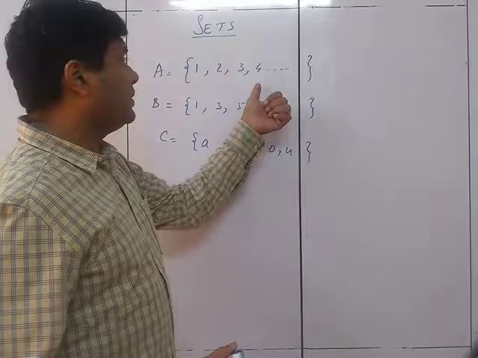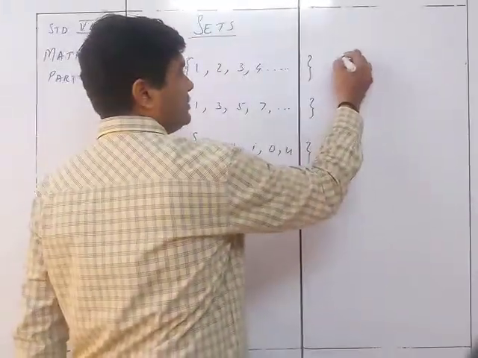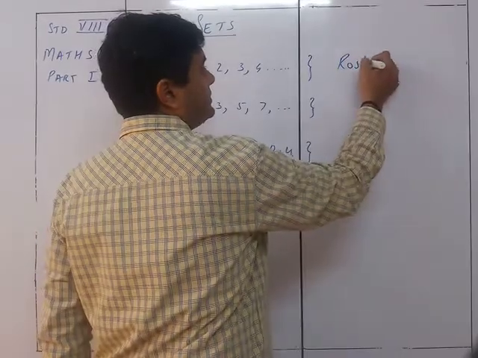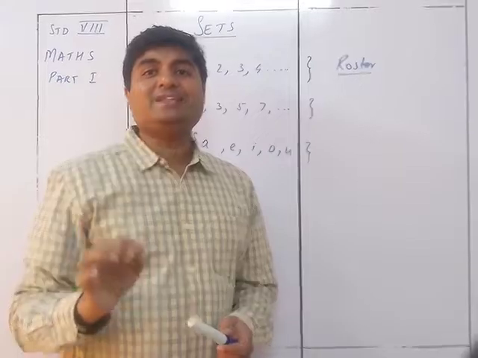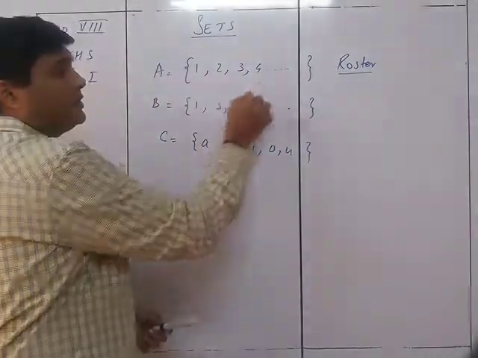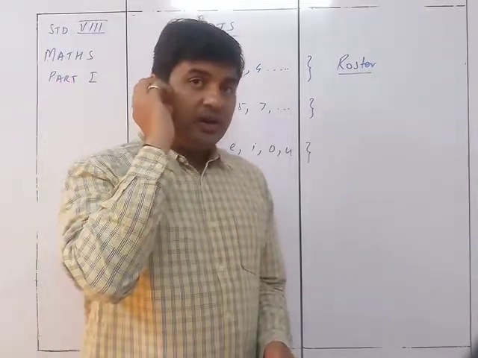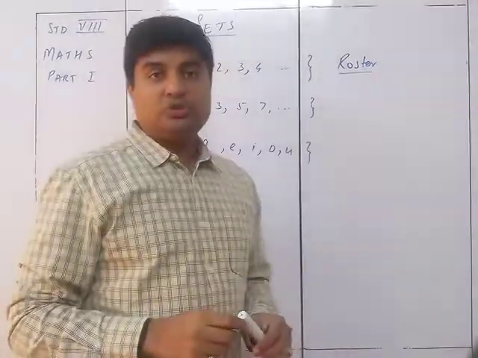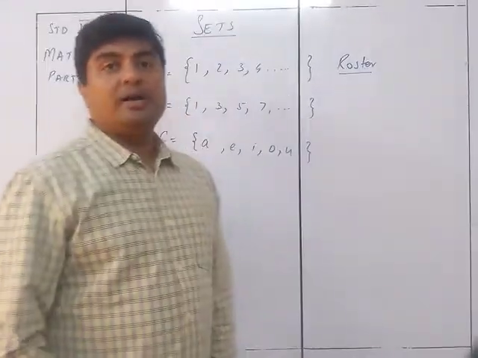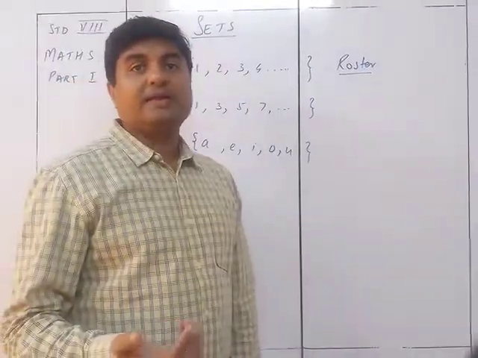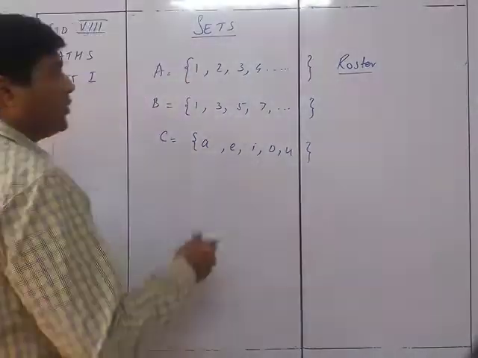Now the way I'm writing this over here is called the Roster form, in which you are writing each and every element of that particular set separately. There is another way of writing the set, called the set builder form, which is in the form of a formula.